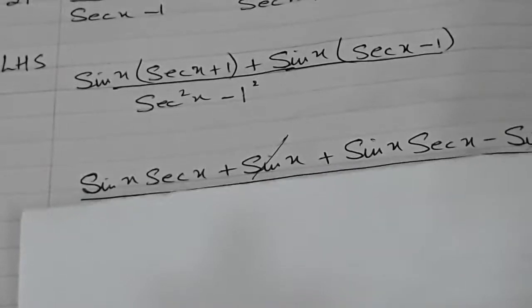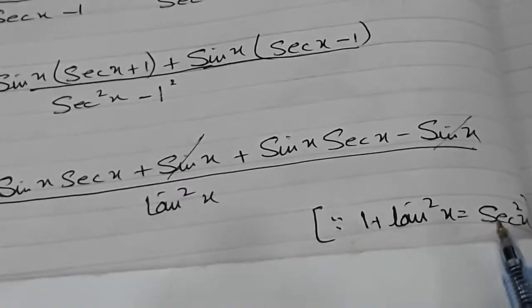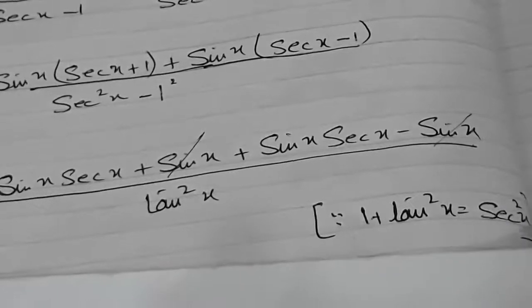So now I am removing the bracket, right? And my denominator will be tan square x, because we know the identity 1 plus tan square x equals sec square x. So in place of sec square x minus 1, I am writing tan square x, right? Because if I take 1 over there, it will become sec square x minus 1 equals tan square x.